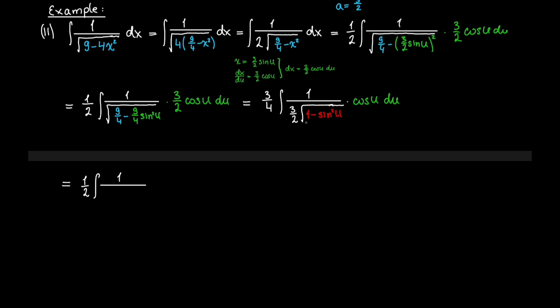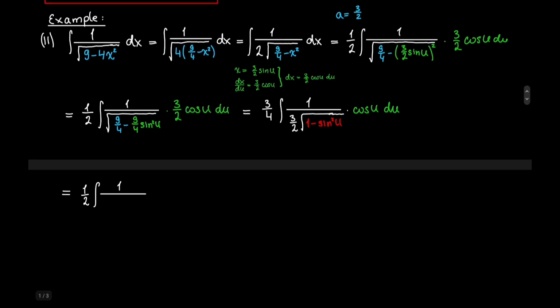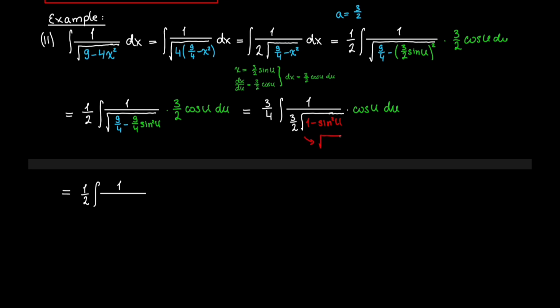Then, under the square root, we can finally employ the Pythagorean identity. Sine squared x plus cosine squared x equals 1. So 1 minus sine squared x is going to be equal to cosine squared x. So that means here under the root, what we're going to get is the square root of cosine squared u, and we know that this is just cosine of u.